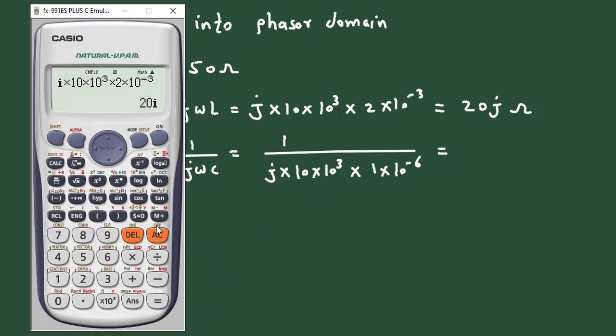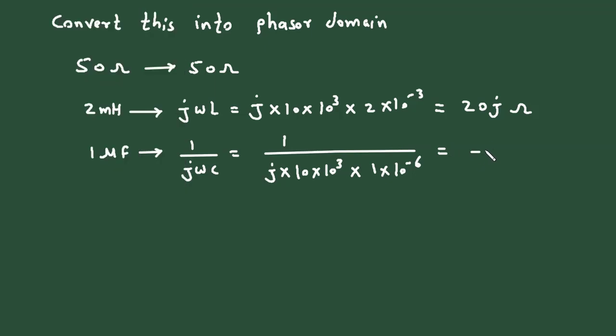It is equal to 1 upon j into 10 into 10 to the power 3 into 1 into 10 to the power minus 6. So it is equal to minus 100j ohm.